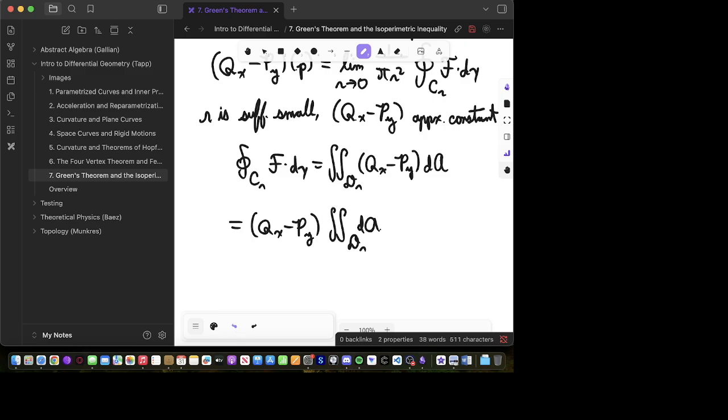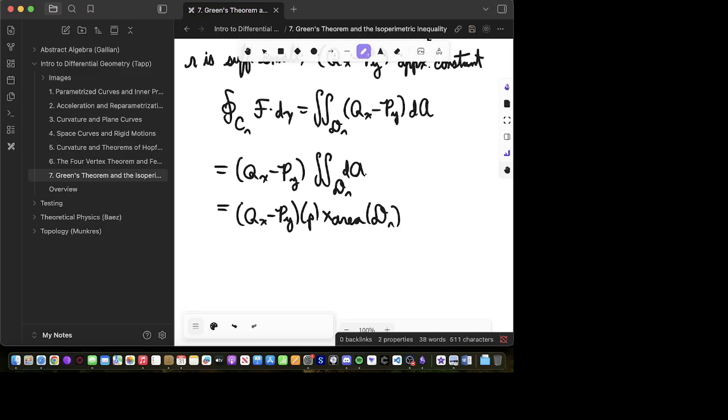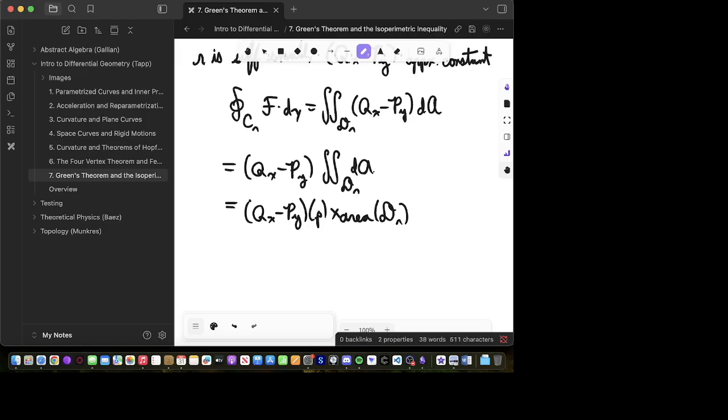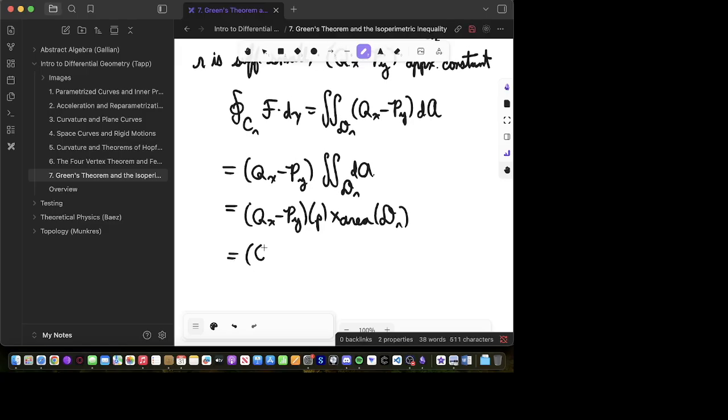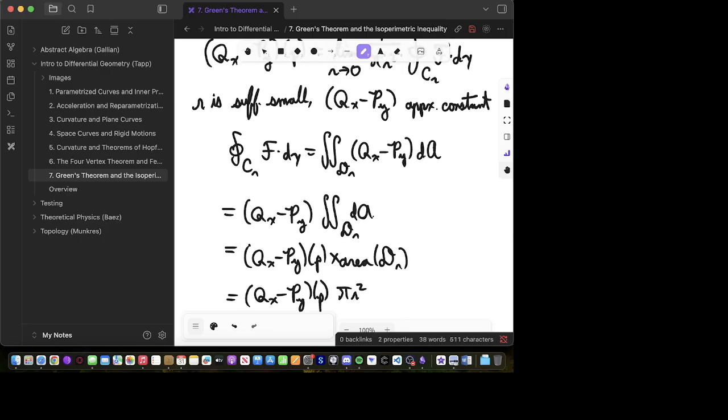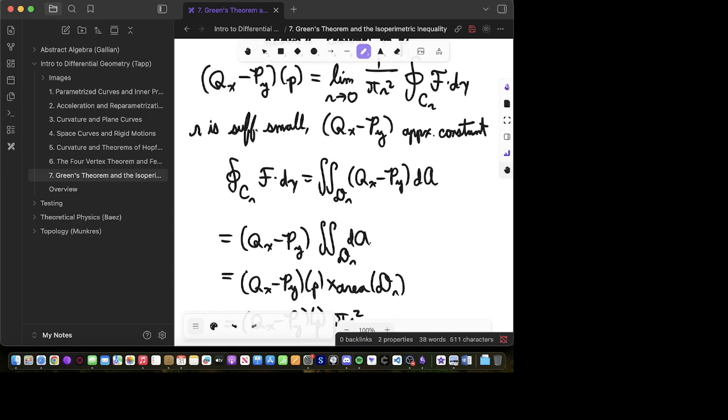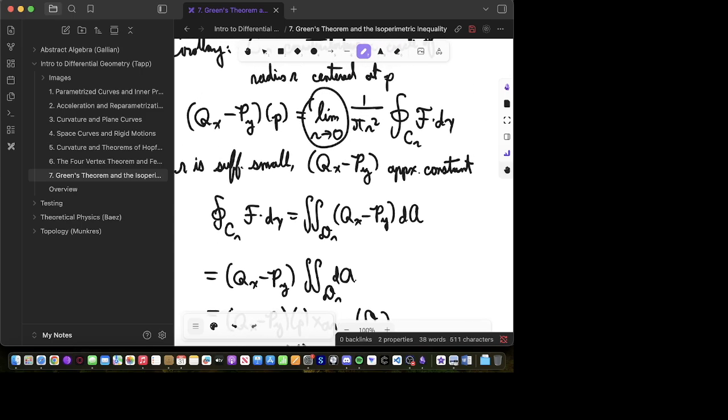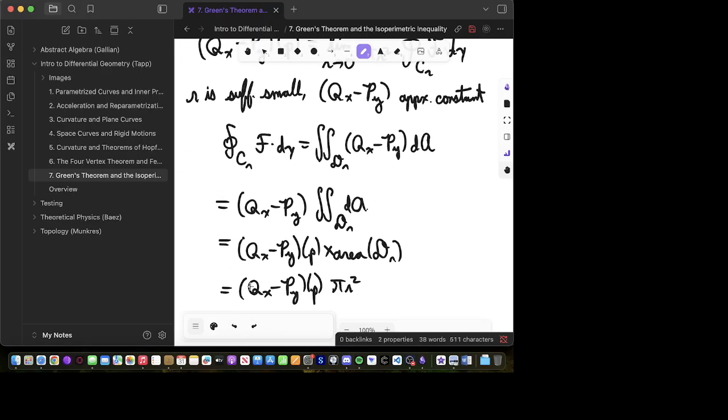This basically means the area, so we get Qx minus Py, and this is at P, times the area of D_r, and the area is pi r squared, so it follows that as we take the limit, this holds.